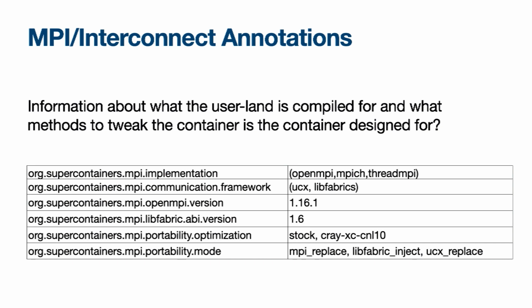There's also a libfabric inject model where you keep the MPI and you don't override what's in the container. You just add another libfabric provider to the container, which is a more stable version of the old MPI replace. Or you maybe have UCX replace, where you take the UCX and replace it within the container.